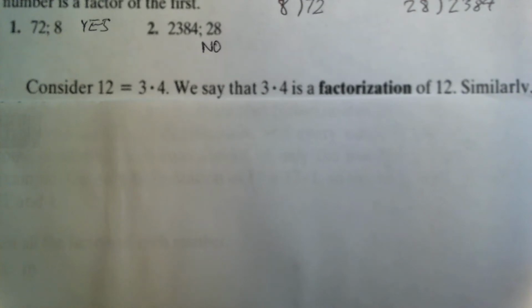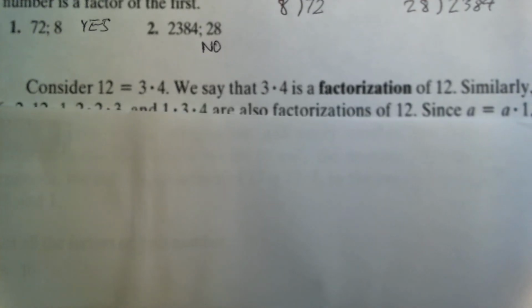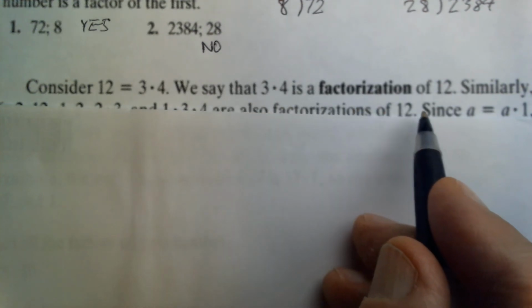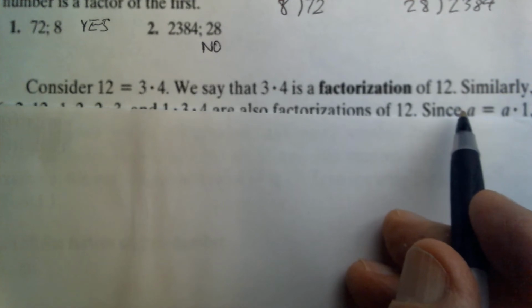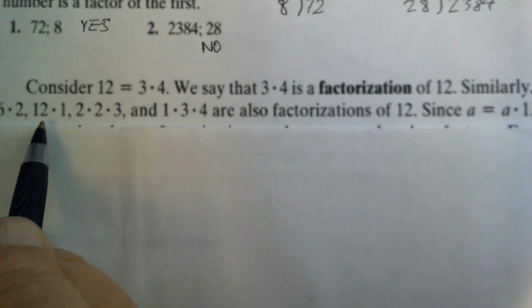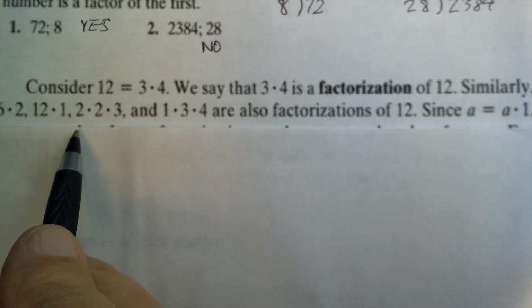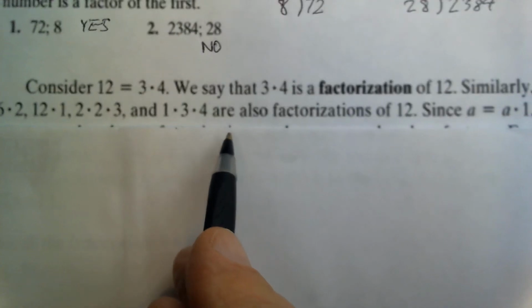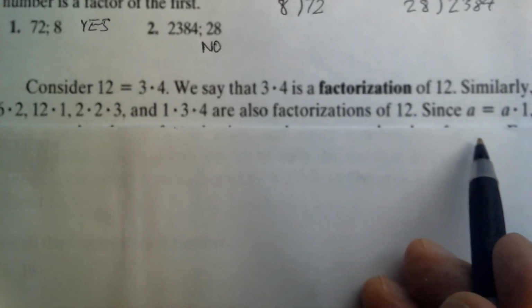Next, we're going to consider factorization. For example, we say that 12 equals 3 times 4, so we can say that 3 times 4 is a factorization of 12. But that's not the only one. For example, 6 times 2 is 12, 12 times 1 is 12, and 2 times 2 times 3 is 12, and 1 times 3 times 4 are also factorizations of 12.